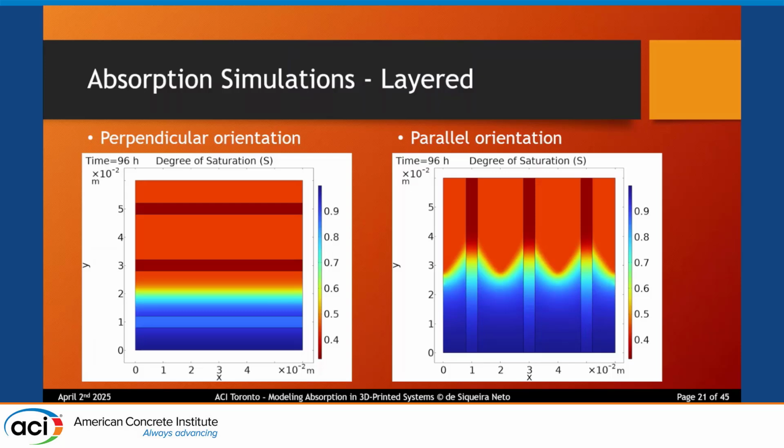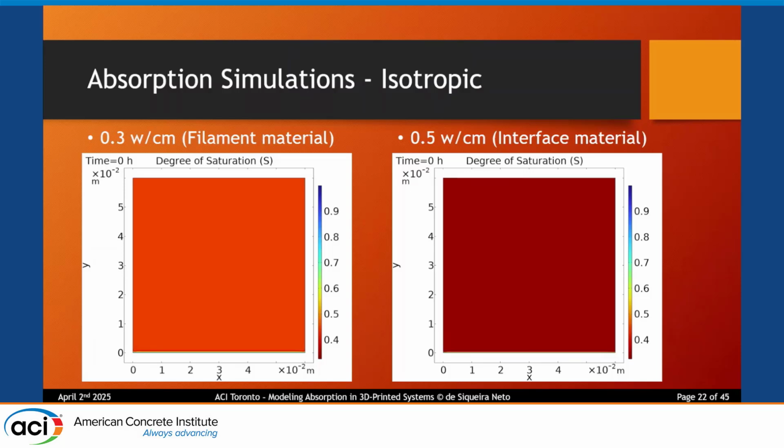But before moving forward with analysis, I'd like to establish a couple of baseline scenarios that we can compare to these layered anisotropic systems. And the baseline scenarios are rather straightforward. Let's look at the isotropic cases where we're using the materials that we're using to represent this layered system.